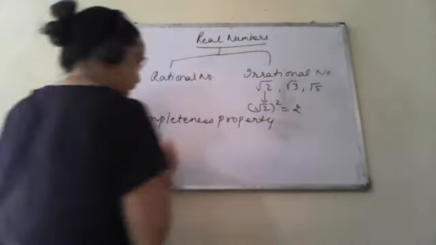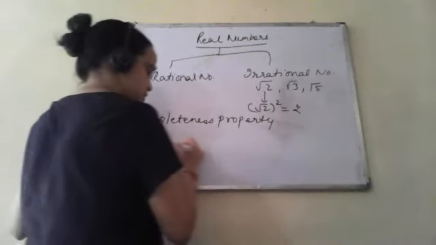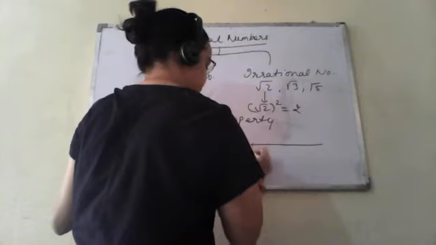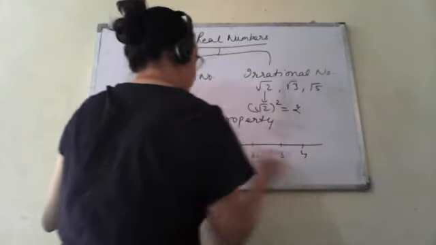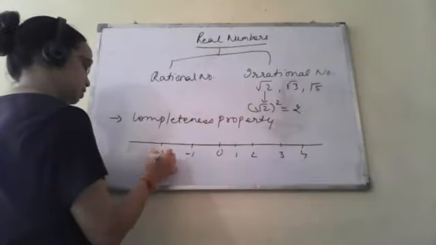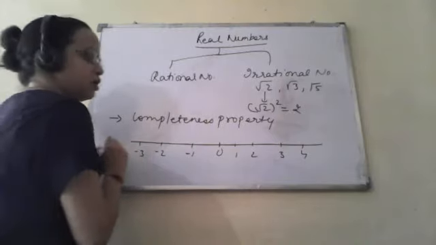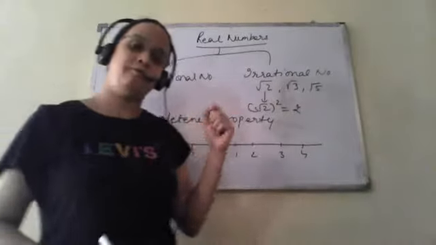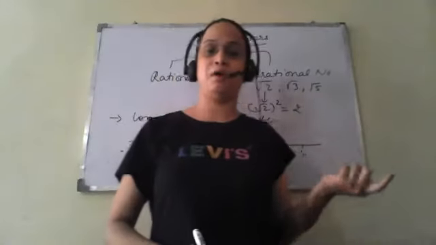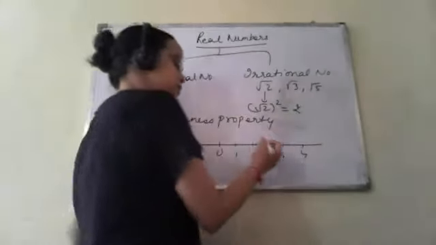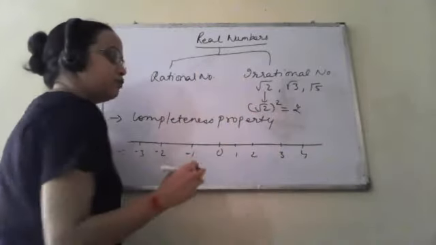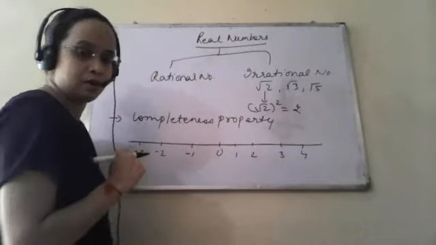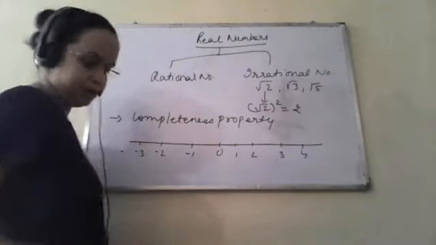It states that every point on a number line corresponds to a unique real number. If we take any point randomly, or pick any point, it will correspond to a specific, unique real number. Okay, this is the completeness property.